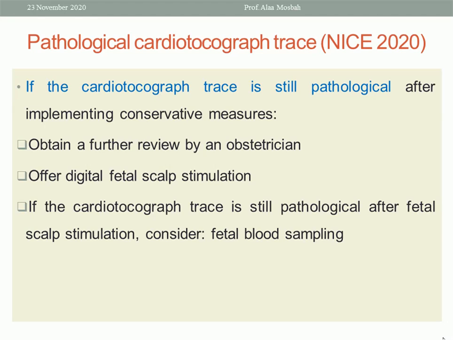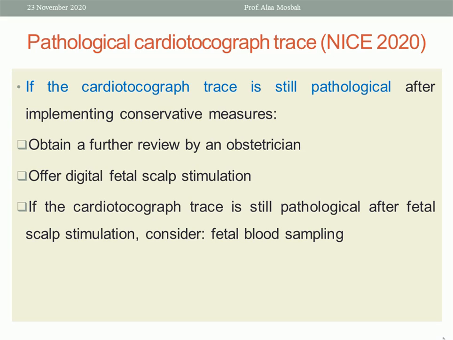If the cardiotocography trace is still pathological after implementing conservative measures, obtain a further review by an obstetrician and offer digital fetal scalp stimulation during the vaginal examination. Pressure on the scalp may cause stimulation, okay, and you will find the CTG moving toward normal.